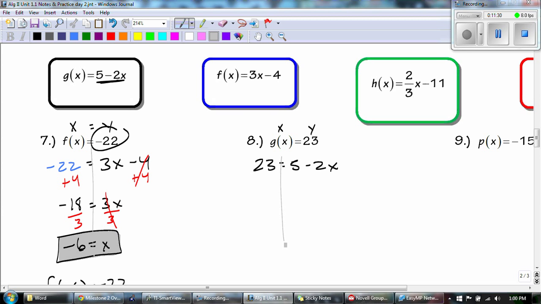And now once again, we've got to solve. I'm going to subtract the 5 from both sides because I want the x by itself. And we get 18 equals negative 2x. Then to get the x by itself, we divide both sides by negative 2, and we get negative 9 equals x.